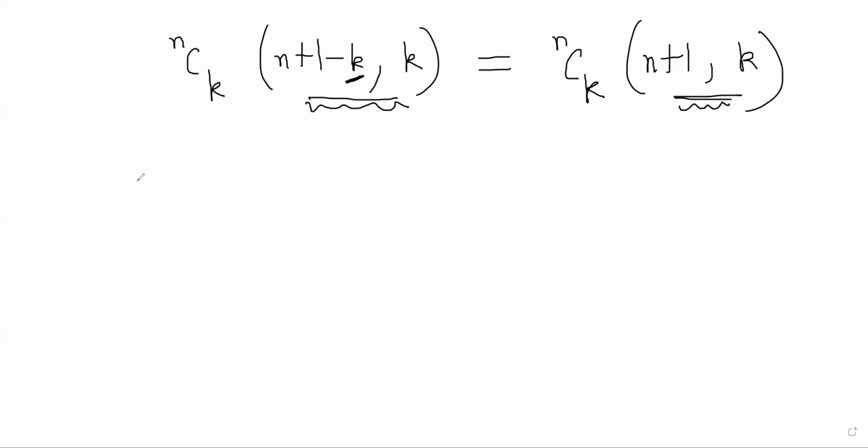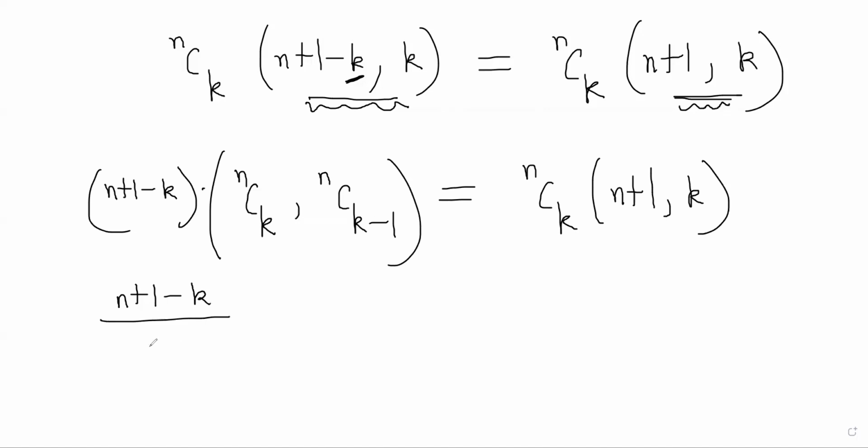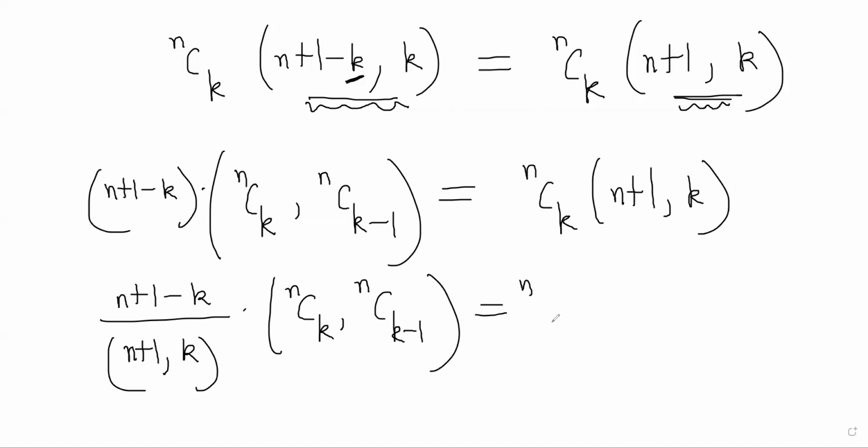So what we have gotten is that the initial expression, n plus 1 minus k times GCD of nCk and nCk-1, is equal to nCk times GCD of n plus 1 and k. So now we can say that n plus 1 minus k divided by GCD of n plus 1 and k multiplied by GCD of nCk and nCk-1 is equal to nCk, right?